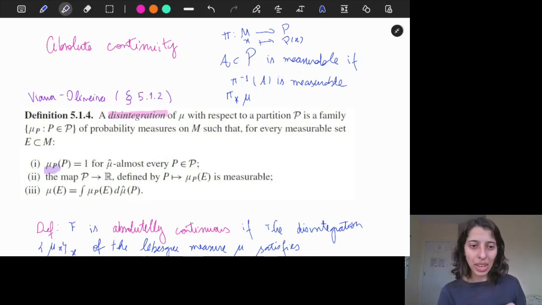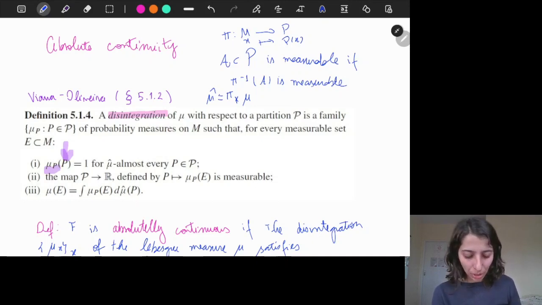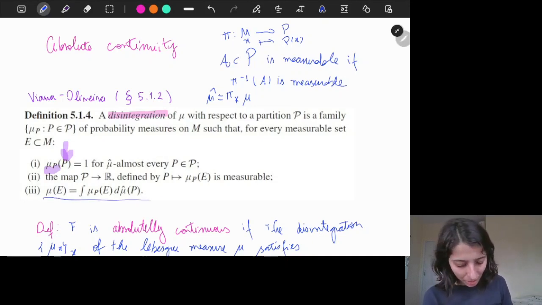The measure associated to element p of the partition, calculated on p, has to be 1 for almost every p of the partition, and this mu hat is the push forward of mu. This map that takes for each element of the partition a real number, that is the evaluation of a fixed measurable set on M, is a measurable function, and the more important part is this one.